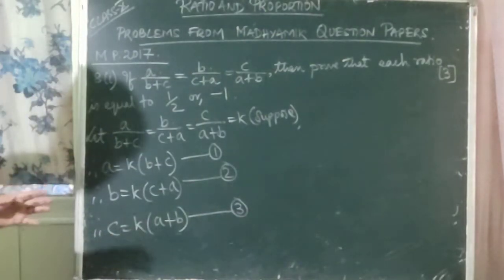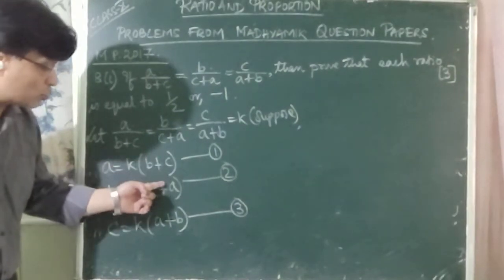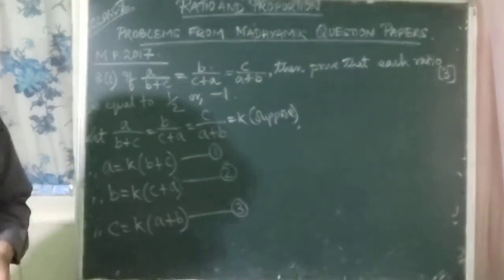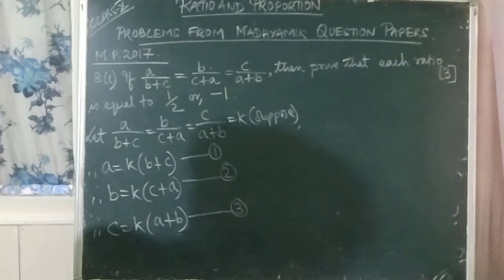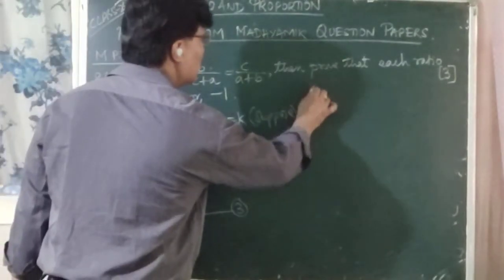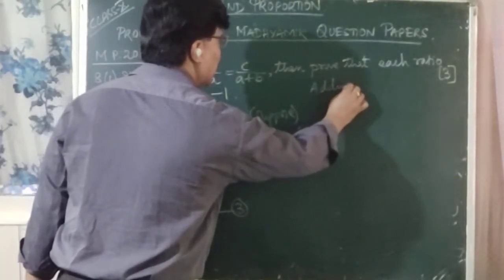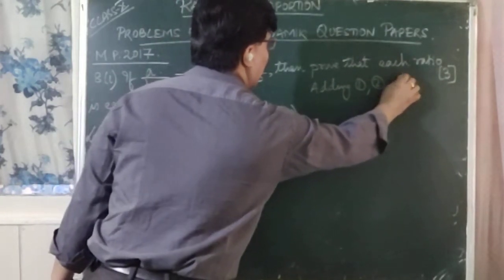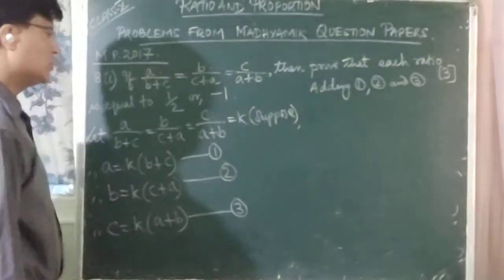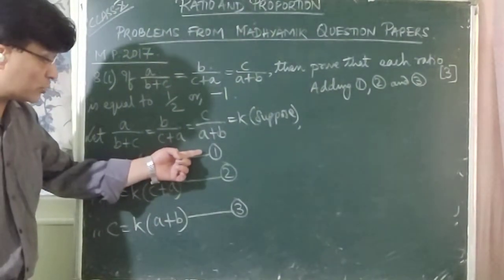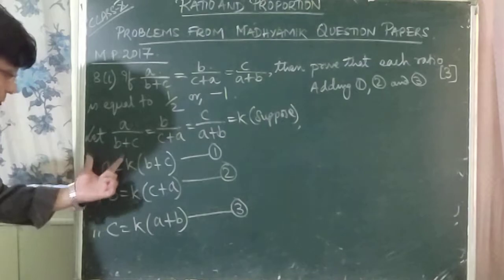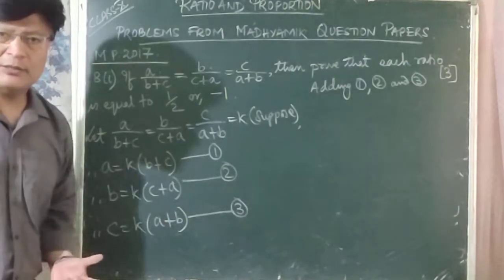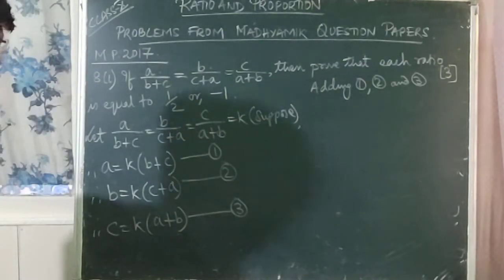Is that clear now? So what will you do with these 1, 2 and 3? You can add all of them. So let us add these equations 1, 2 and 3. Left hand sides can be added and right hand sides can be added.